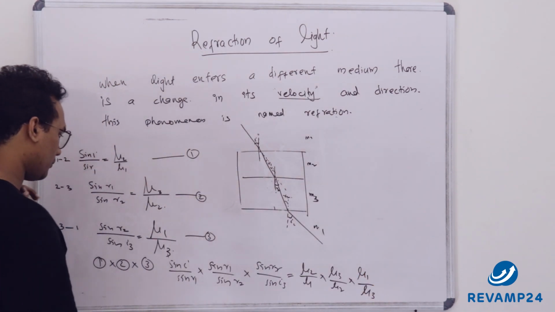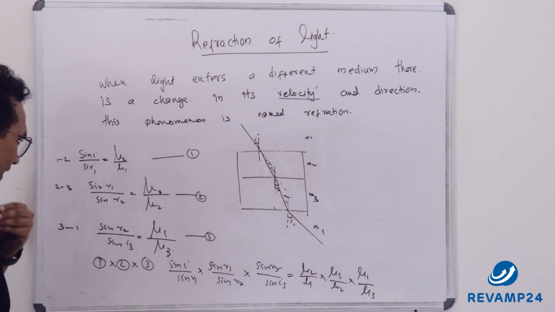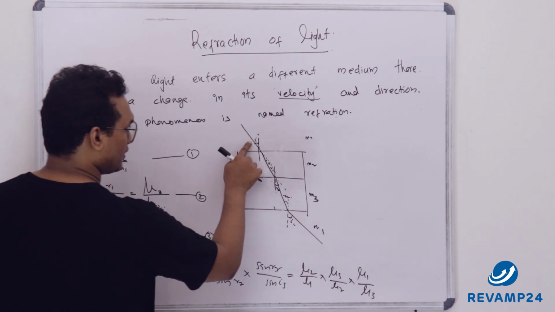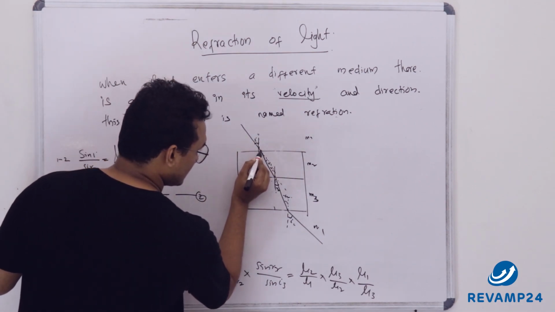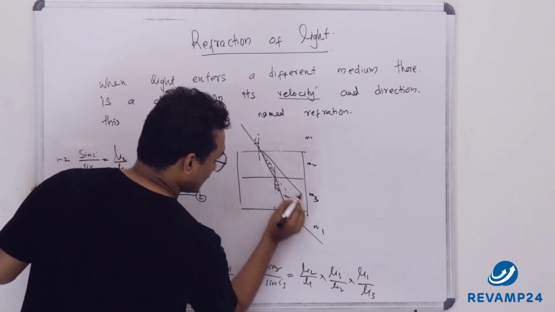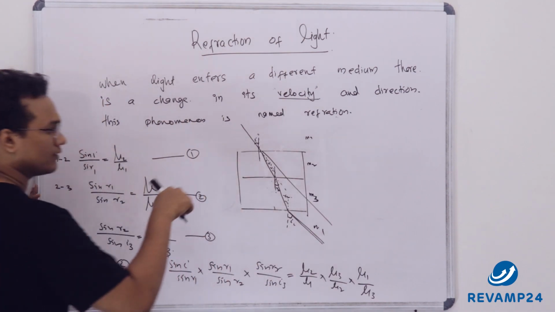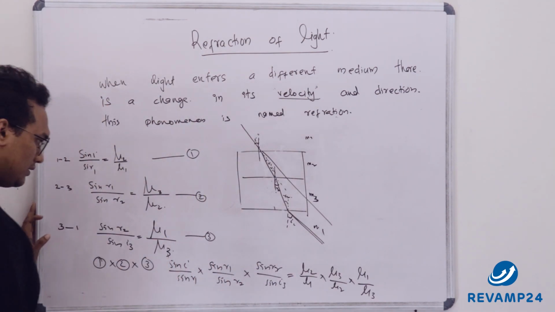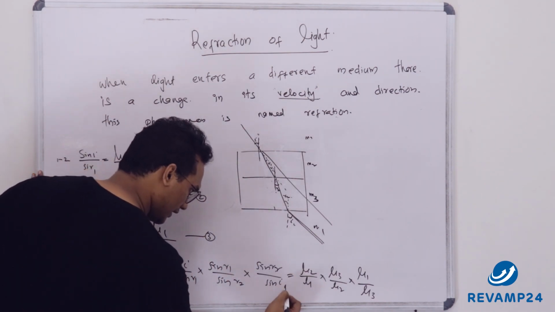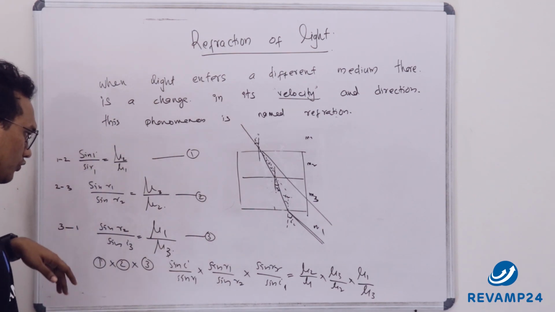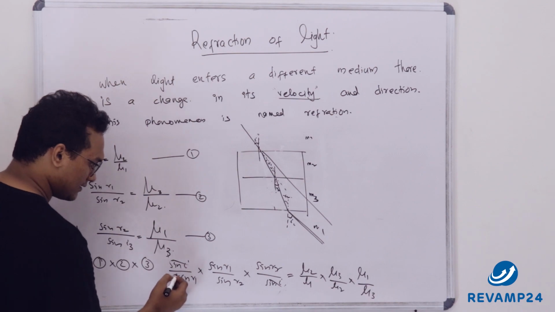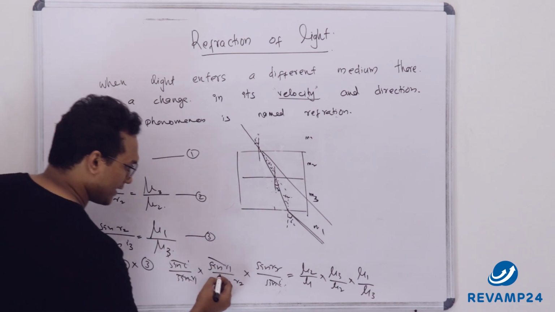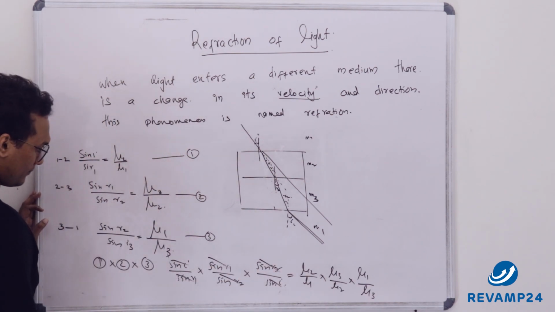One more thing, we know that this i1 and this i would be equal, because after refraction these two rays would be parallel to each other. This I have proved previously. So this would be equal to i itself. So what will happen? Sin i cancelled, sin r1 cancelled, sin r2 cancelled.